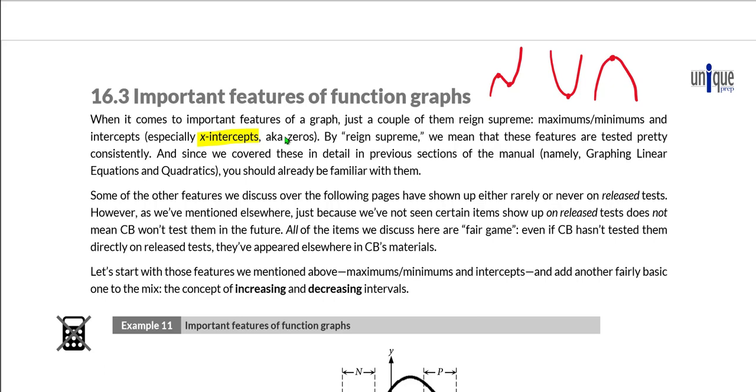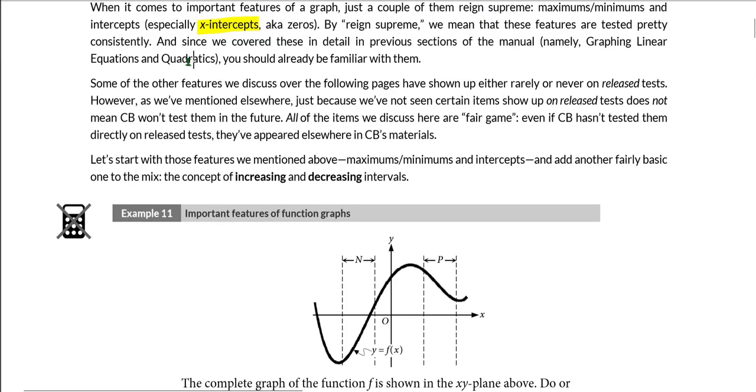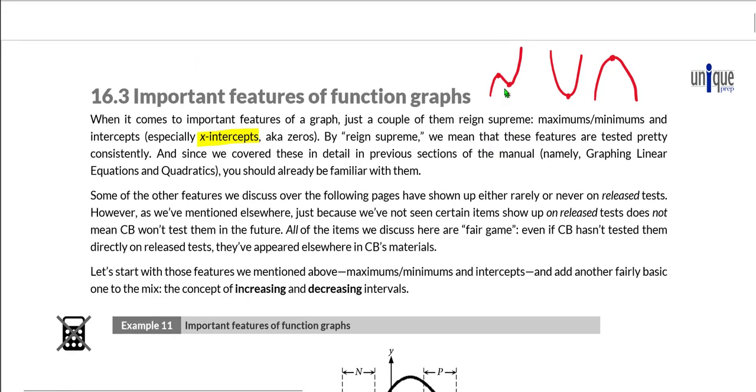We will talk about a few other features that may show up on the test, but again, mostly we're just going to review what we've talked about in terms of maximums, minimums, and x-intercepts. Some of the other features that we will talk about, I just mentioned, a relative or local minimum or maximum.